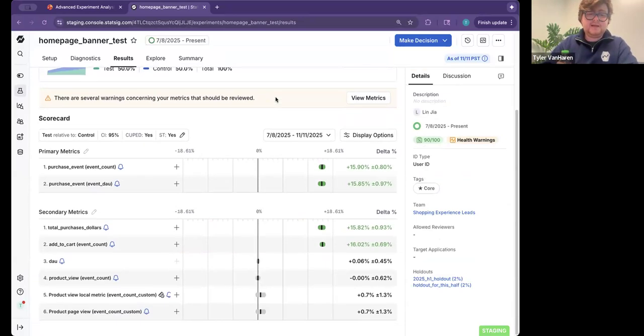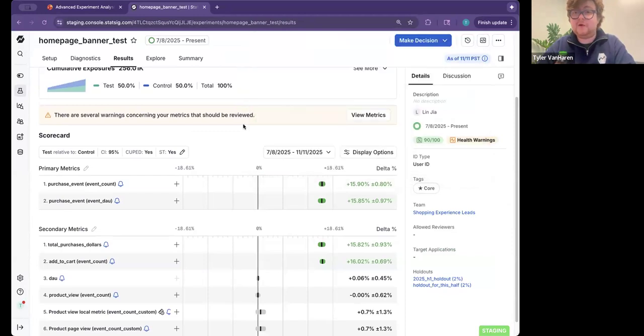And so, even for something like this, you might look at this and say, okay, I'm helping my purchase events by 15%, but what does that ultimately mean? Especially if I were to have some metric that was being hurt, right? If I was helping purchases by 15%, but I was hurting my page load time by 20%, I don't necessarily know what that means or how I should think about it, and then think about how good it is and whether or not I should ship it.